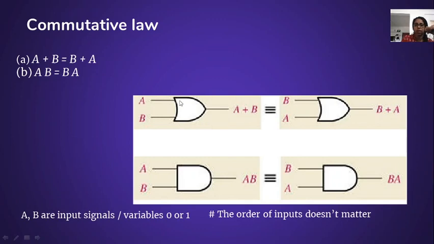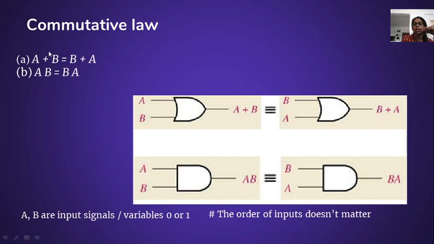Got the point? An OR gate is required, two inputs A and B, so the output Y is equal to A or B. This is the left hand side of our first equation. Then what about the right hand side?